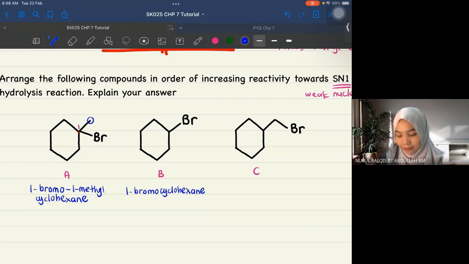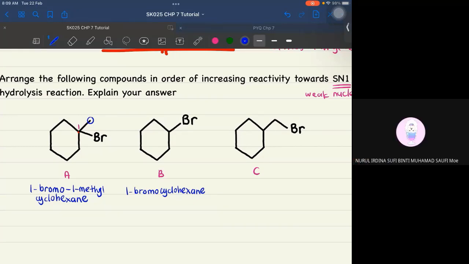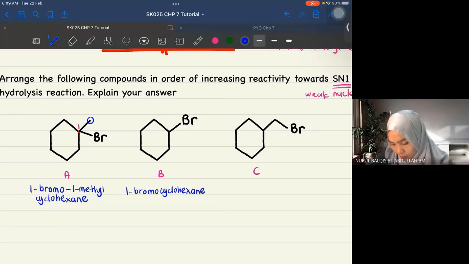Macam mana? Apa nama dia? Tak nak try? 1-methyl bromocyclohexane. Okay, betul. Methyl dulu ke?